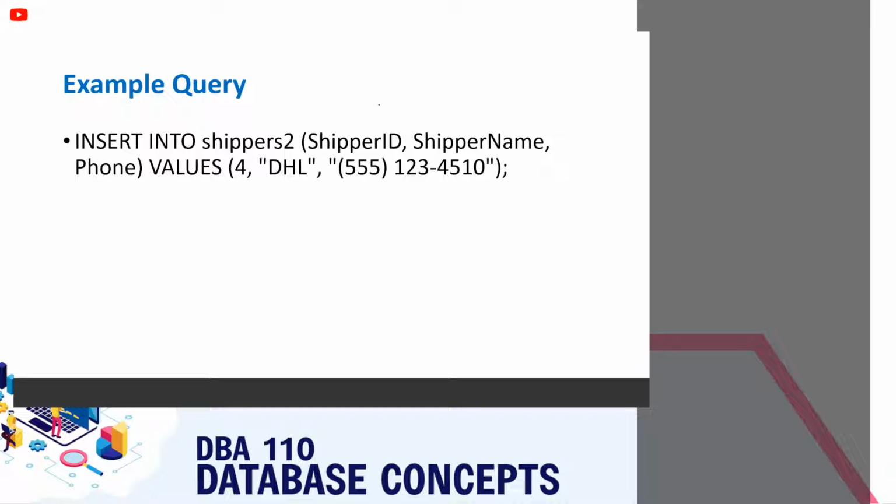So if we were to look at it this way, we'd see, okay, shipper ID is in the first position. We're going to look for the value that's in the first position here. That is 4. So we'd put 4 in the shipper ID column. Shipper name is in the second position here, and DHL is in the second position here.